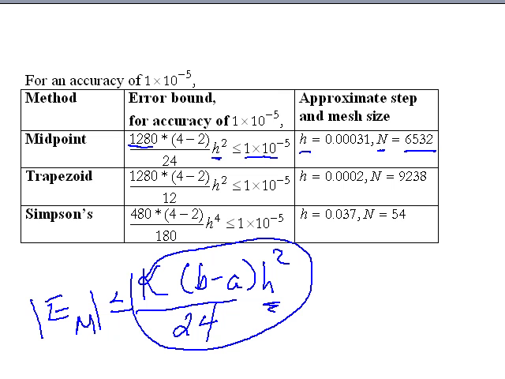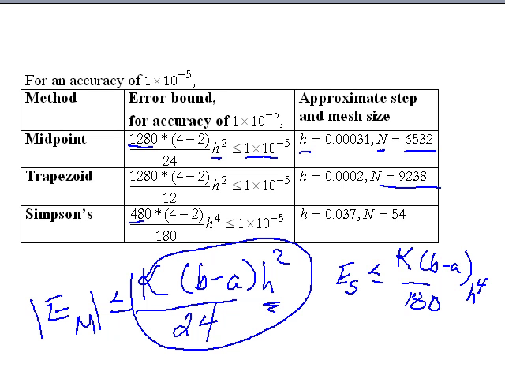If I go through the same exercise for the trapezoid rule, I find I need 9,238 subdivisions to hold that kind of accuracy. But now look what happens for Simpson's rule. The expression for the error is less than k, which depends on the fourth derivative of the function, times b minus a, over 180, times h to the fourth.